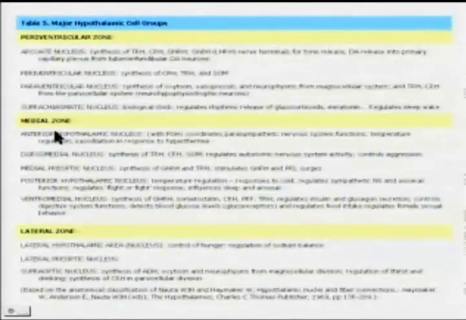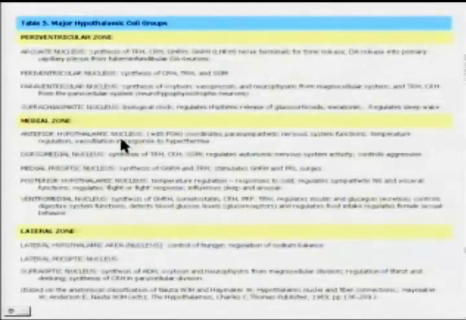In the medial zone, the anterior hypothalamic nucleus with the preoptic area coordinates parasympathetic nervous system functions, temperature regulation, vasodilation in response to hyperthermia. So already we're beginning to see, with the suprachiasmatic nucleus and the anterior hypothalamic nucleus, functions that are not endocrine.